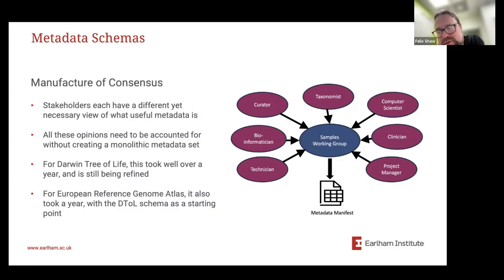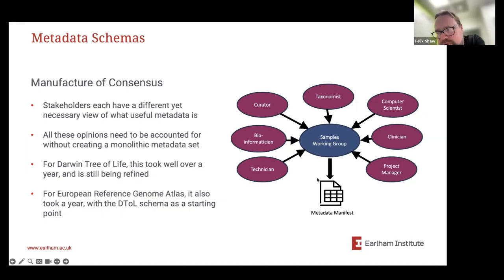So I have to talk to lots of different people who each have a different and yet necessary perspective on what makes good metadata for a particular data type, okay? So I talk to taxonomists, computer scientists, clinicians, curators, bioinformaticians, technicians, project managers, amongst others, and try to form a consensus of what a particular metadata set for a particular data type should be. And this is a really painful job.